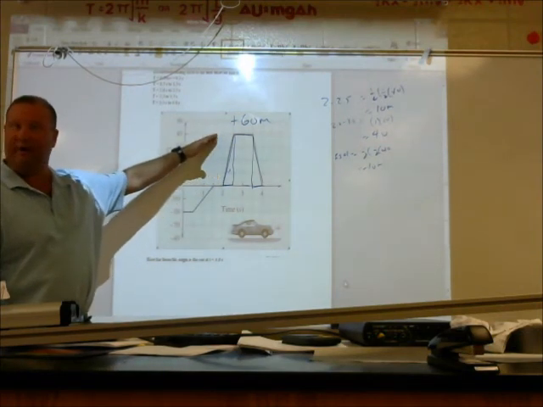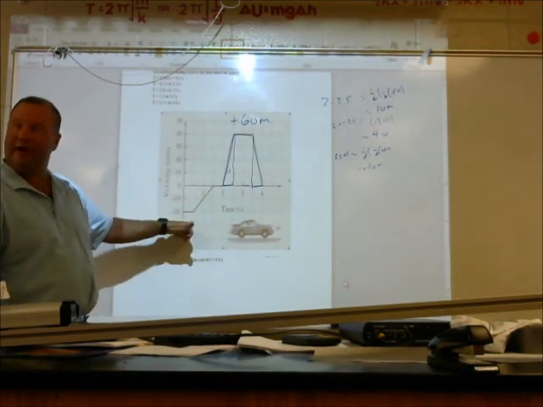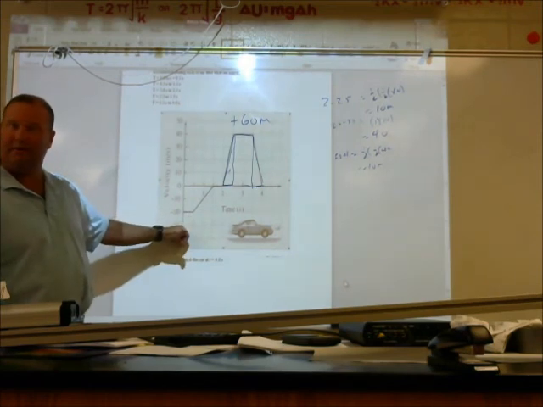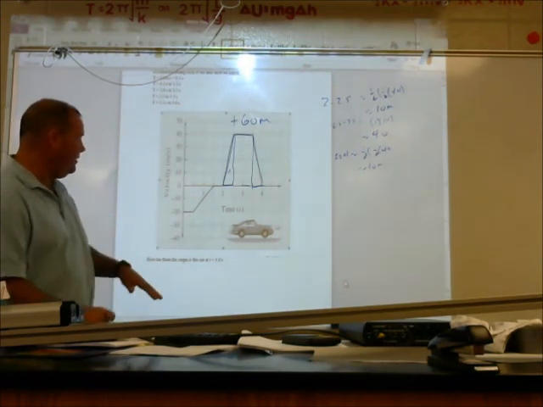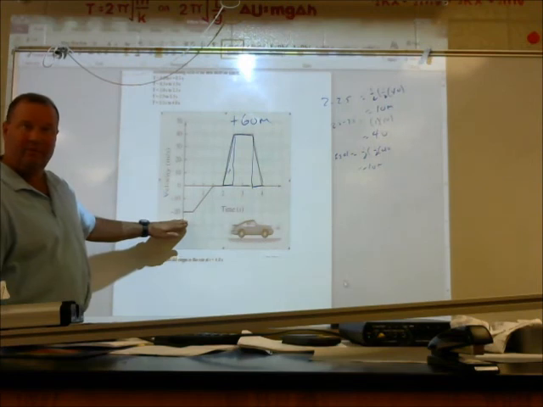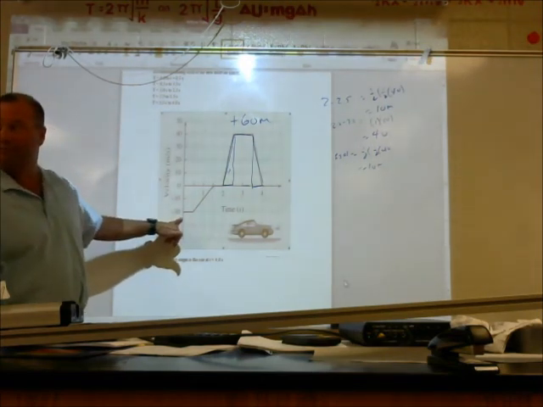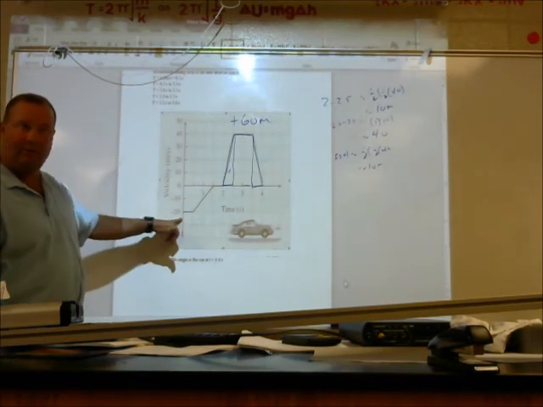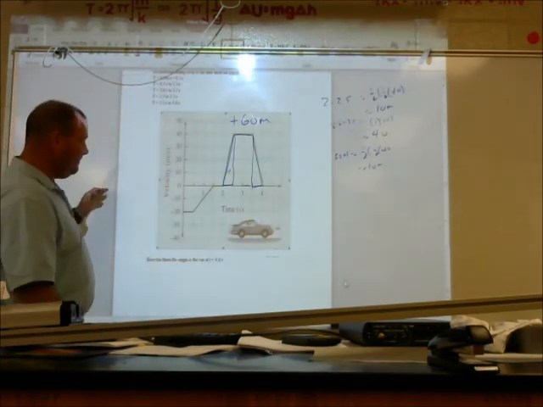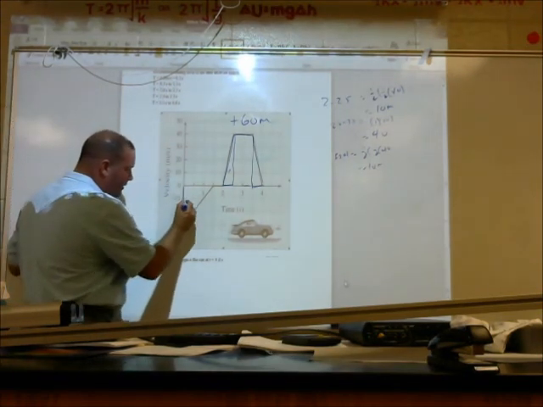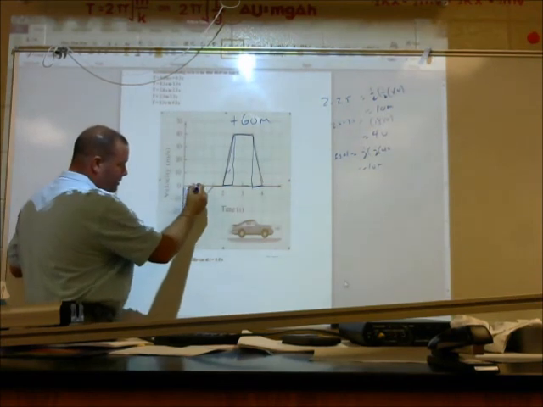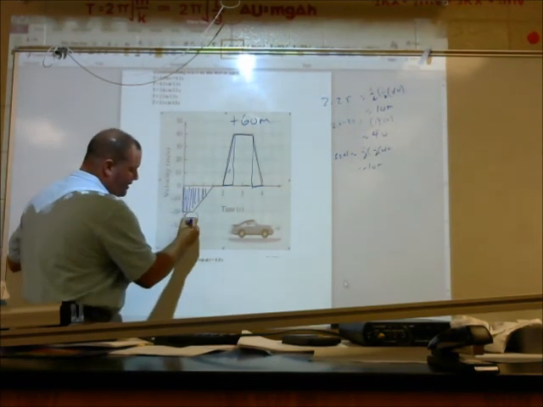Did I start off traveling there? Where did I start off, though? I started traveling in the negative direction. So now I'd have to look at, initially, which direction am I moving? If I start at the origin and I'm going at negative 20 meters per second, I'm going opposite. So all this displacement here is actually negative.